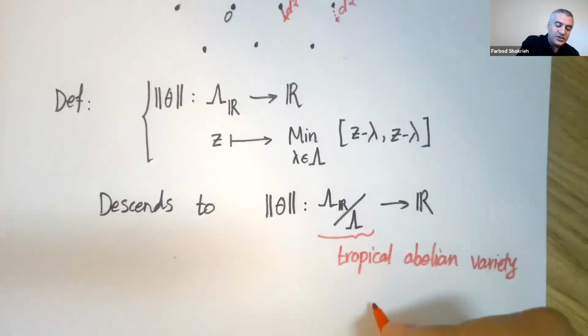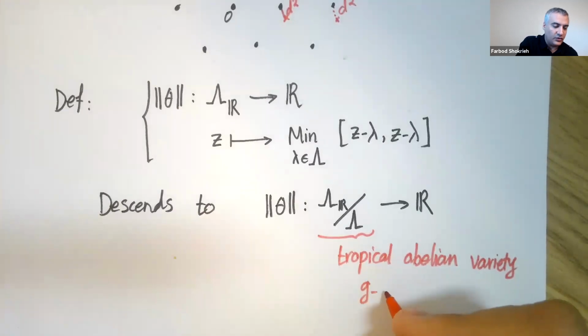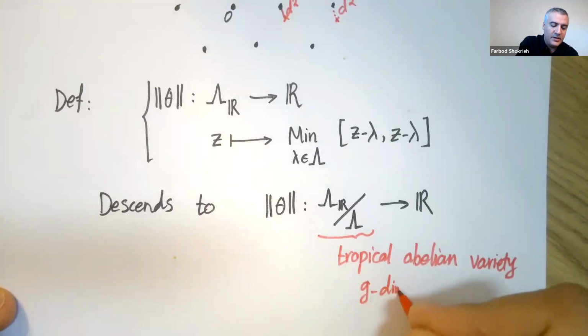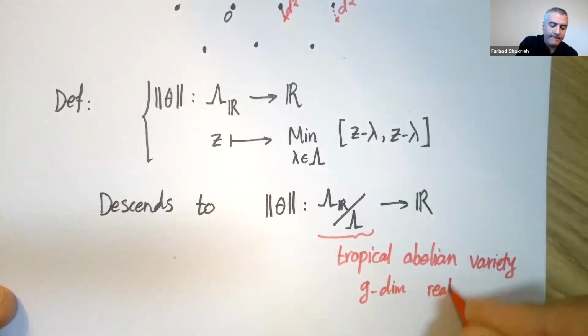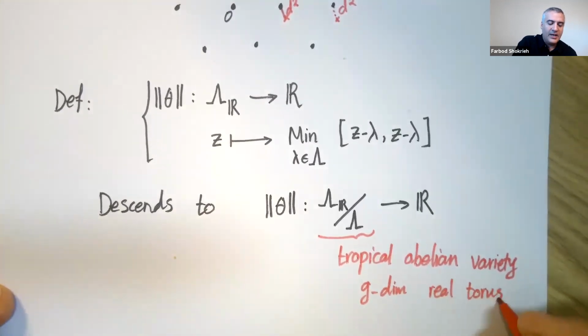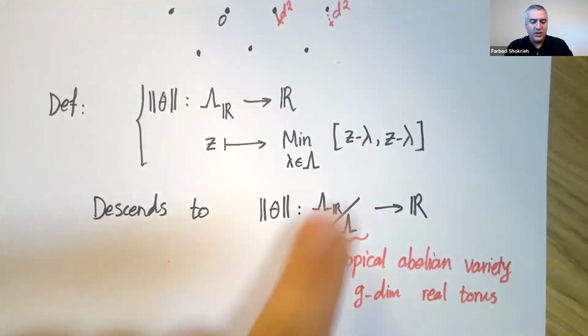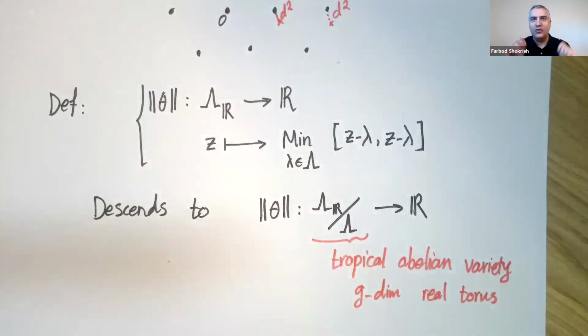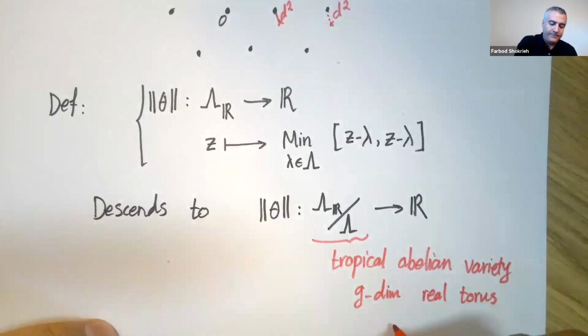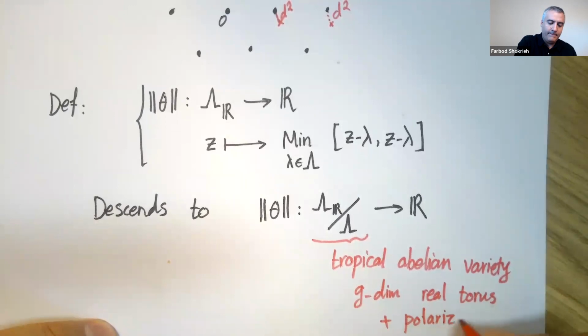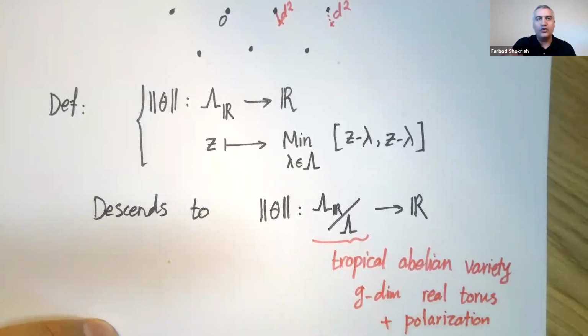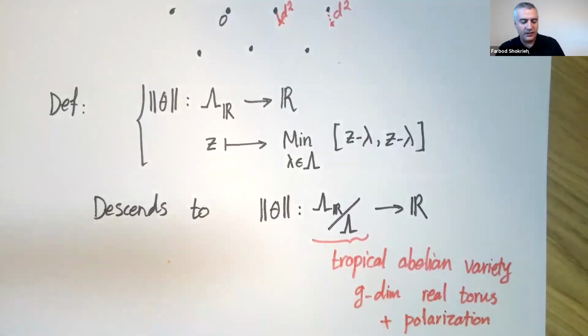First of all, they're g-dimensional real tori. So my lattice was g-dimensional, my vector space was g-dimensional. I'm looking at a vector space modulo lattice, I get a g-dimensional real torus. And it's not just that, it does have this product structure too. So it has a quote unquote polarization. You could call it like a polarized real torus if you like.